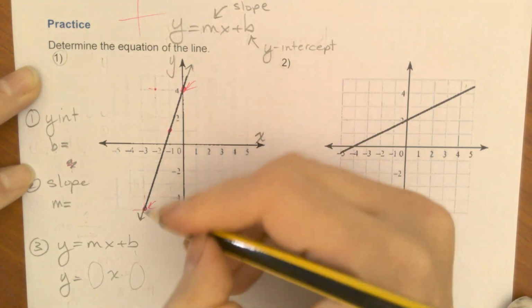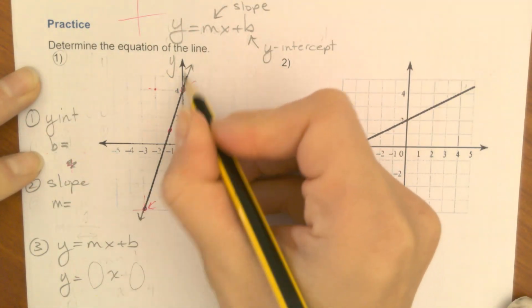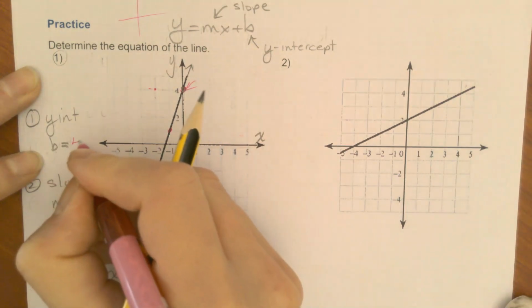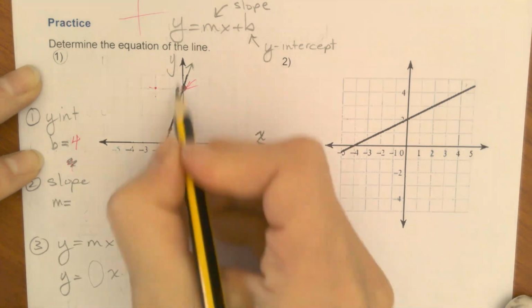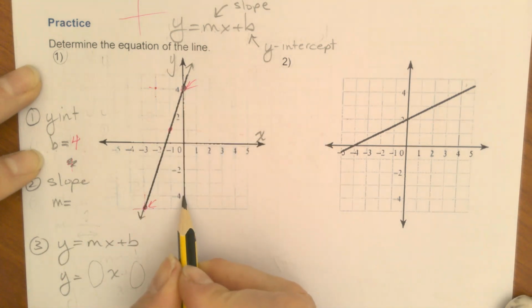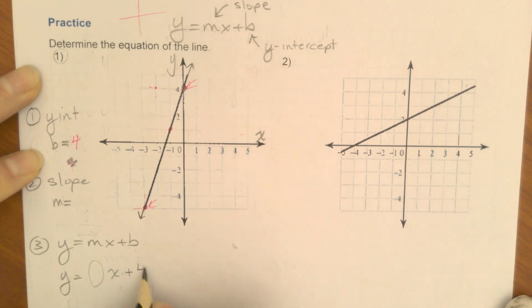So this line touches the y-axis here at 4. So the y-intercept is 4. And it's a positive 4 because it's up high. If it was down here, it would be negative 4. So in my equation down here, I'm going to put plus 4 instead of my b, because that's the y-intercept.